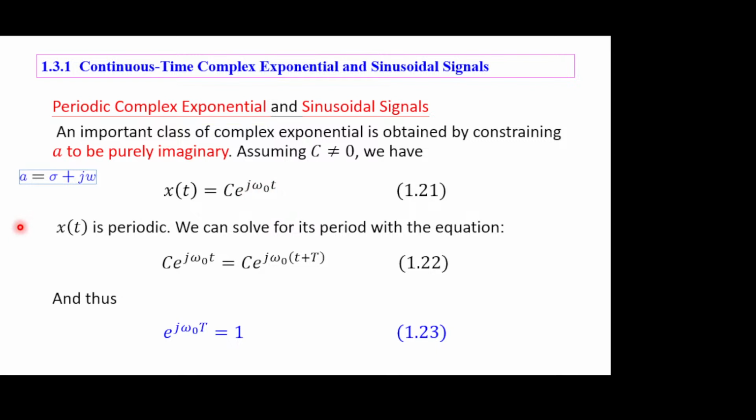We claim that this is periodic, because we can now solve our periodic equation. Hopefully you still remember from the start of class that periodic means we shift x of t to x of t plus big T, and it should be the same thing.